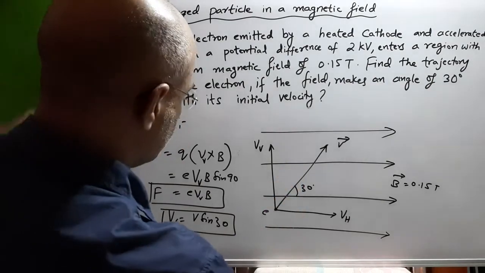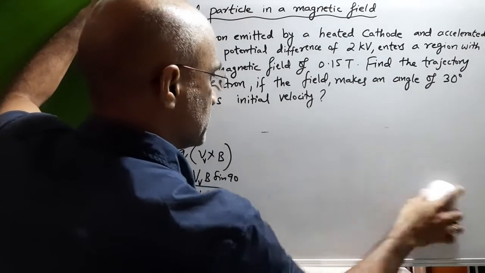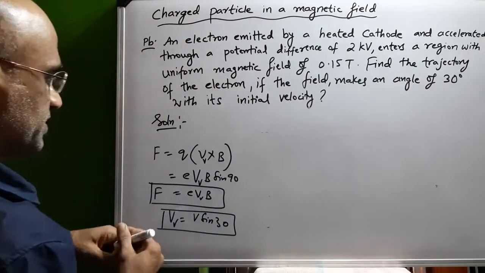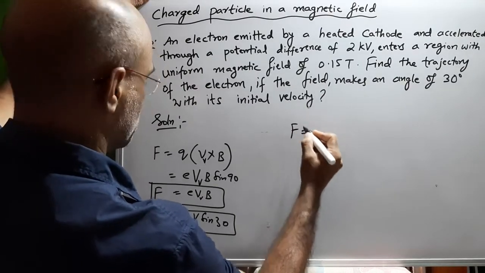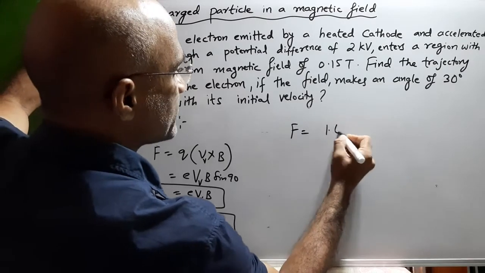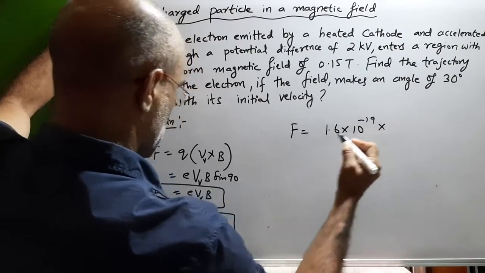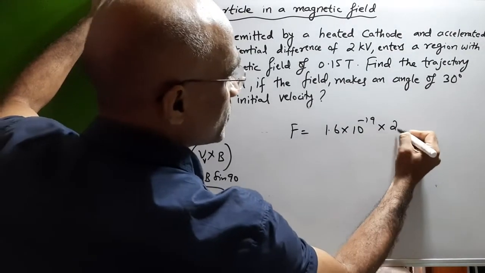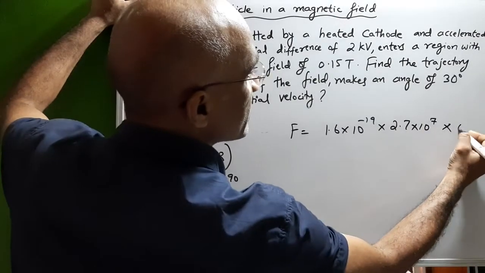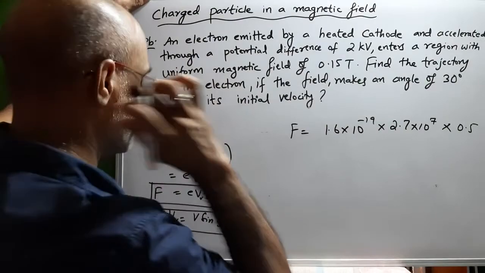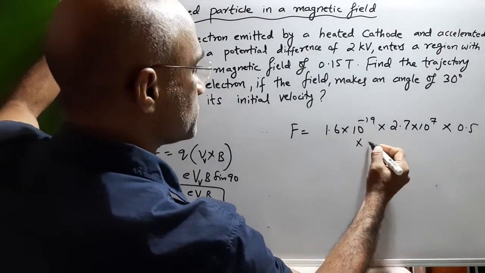Now proceeding further to evaluate the force, we have F is equal to 1.6 into 10 power minus 19 into V, the earlier value which we got, 2.7 into 10 power 7, into sine 30, which has the value 0.5, into 0.15.